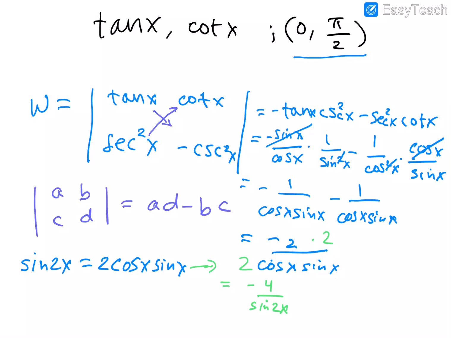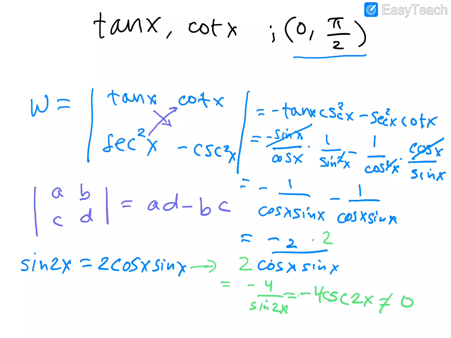Now, let's see, what would I get? I would get that equal to negative 4 cosecant 2x, which certainly does not equal 0.